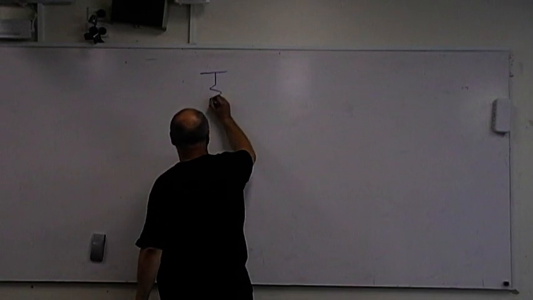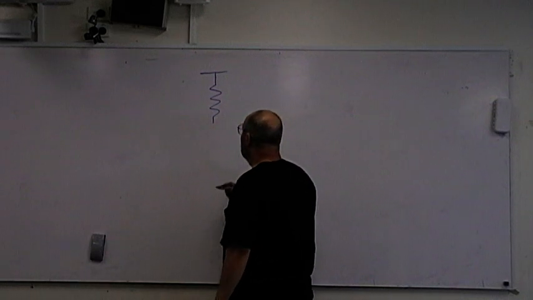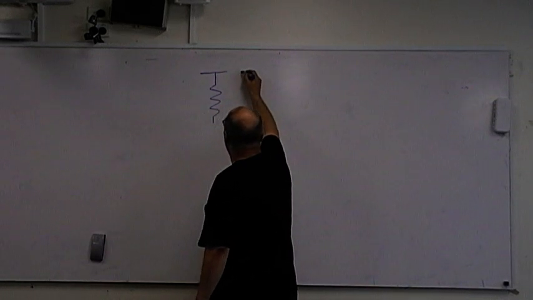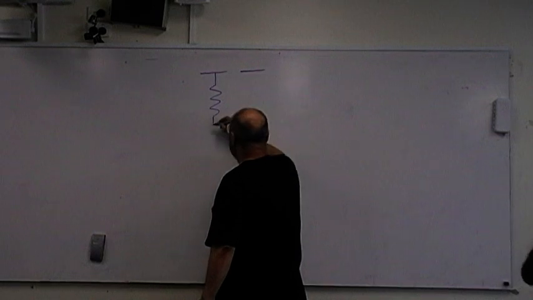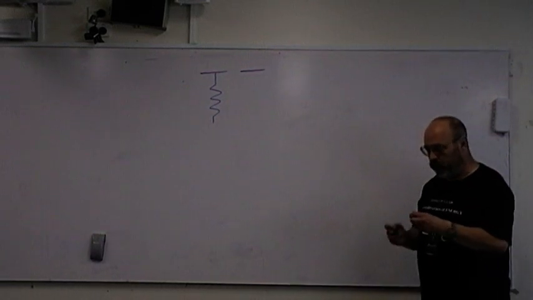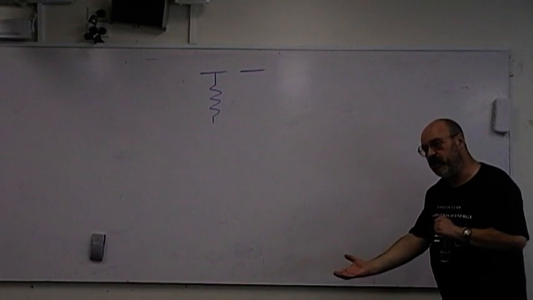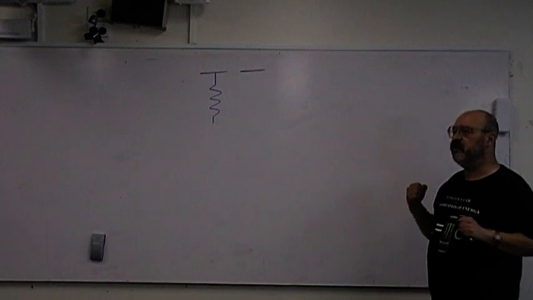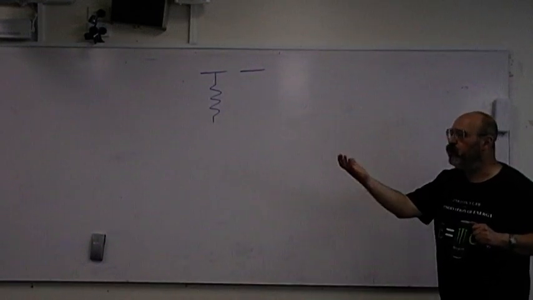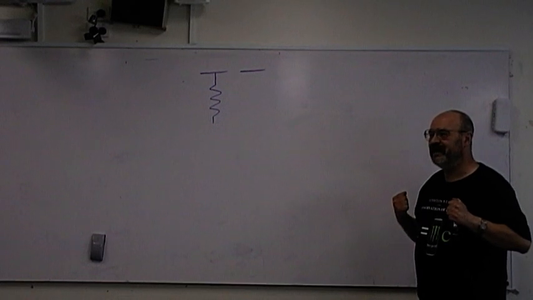So let's say we have a spring with a spring constant k, and then we add mass and we drop it. That's important, because there is a difference between dropping it and just lowering it. What will be the difference? Speed.